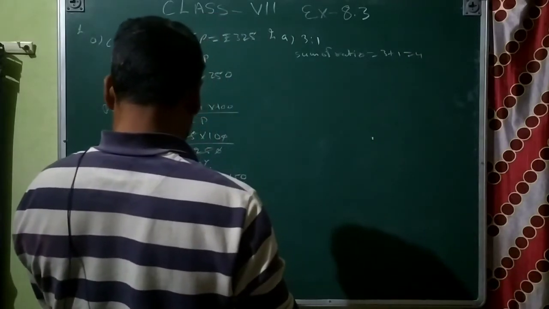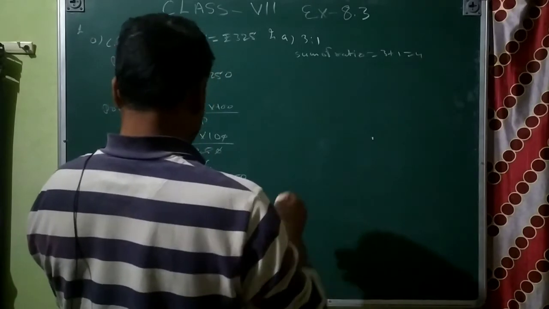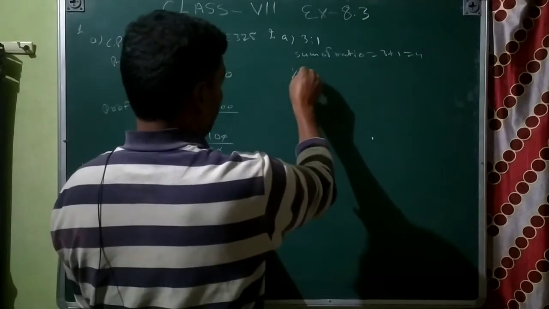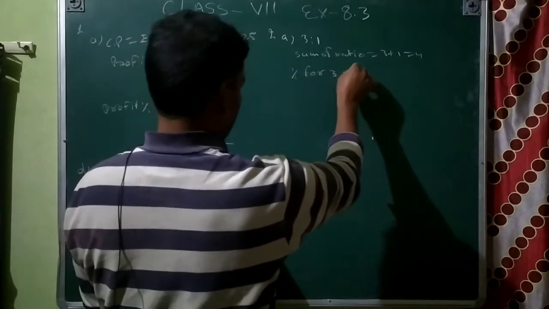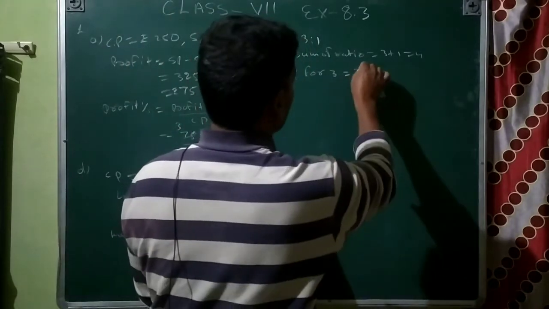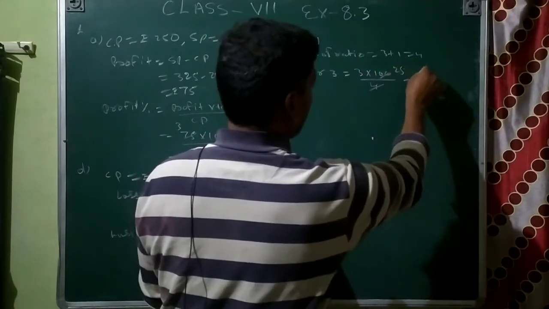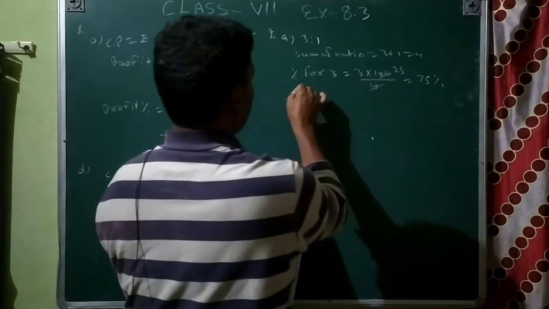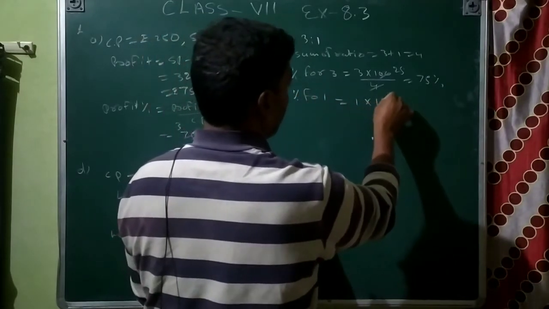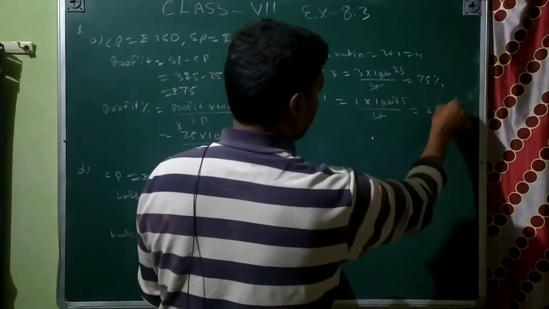And then the percent for 3 is equal to 3 into 100 upon 4, that is 75%. Percent for 1 is equal to 1 into 100 upon 4, that is 25%.